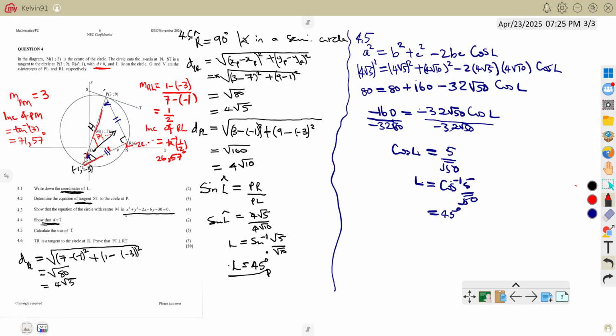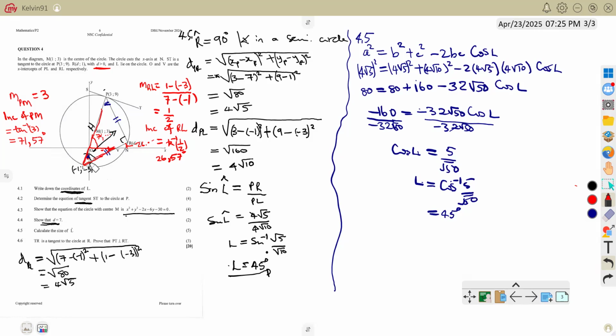Then we use the interior angles of a triangle. If we check, we are having this triangle here. Then when we produce this one, we will know that this angle plus this angle must give us this angle.